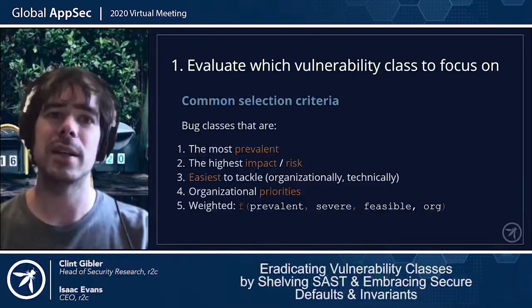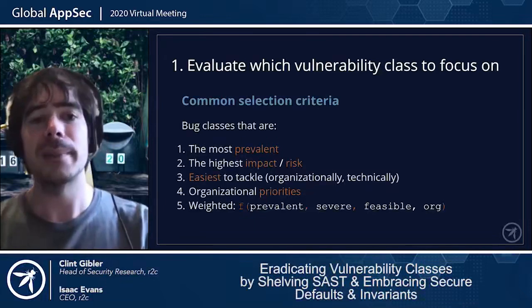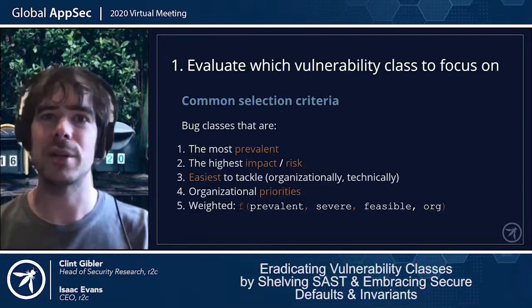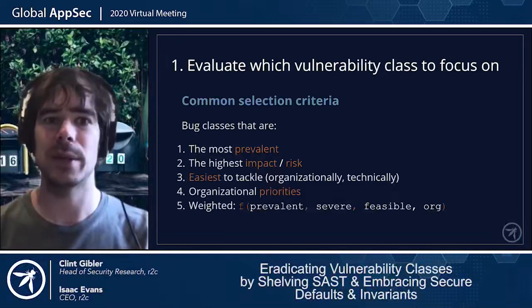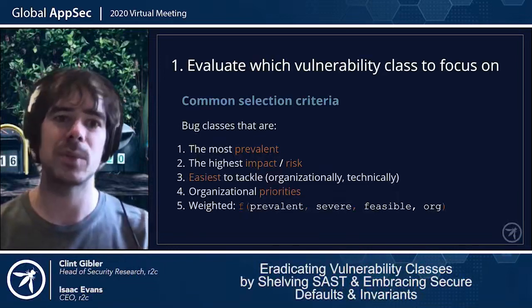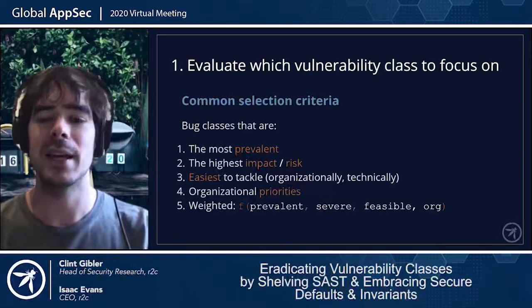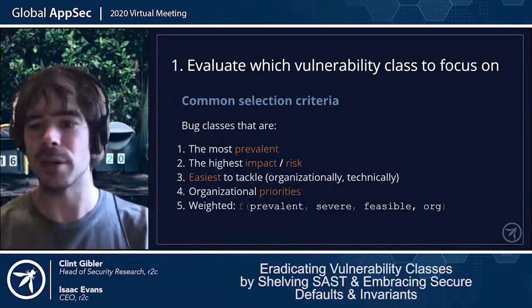Then you might want to focus on bugs that are less common but more impactful. Some bug classes may be easier to tackle, either from an organizational buy-in point of view or just technically easier to fix. And maybe your company has certain priorities itself that you can abide by. So realistically, you probably want some sort of weighted function of all of these. But again, the important thing is just what makes sense for your company and your circumstances.